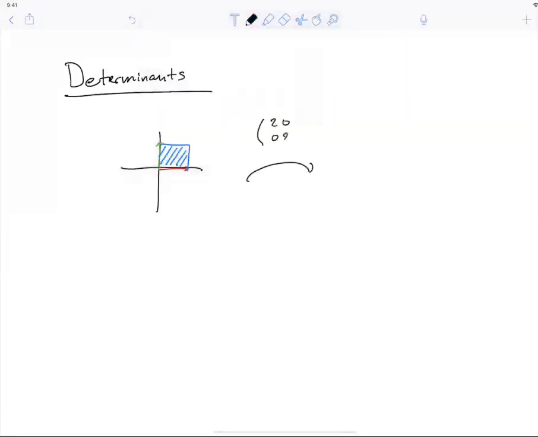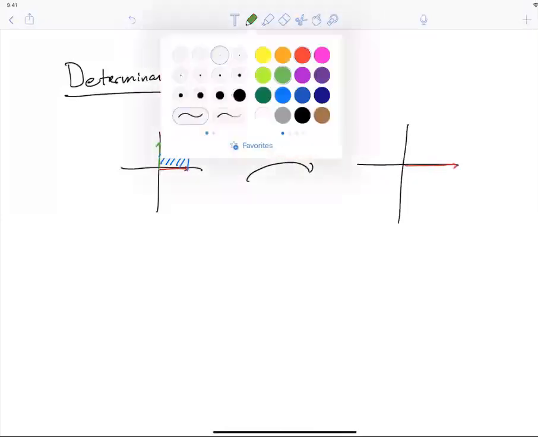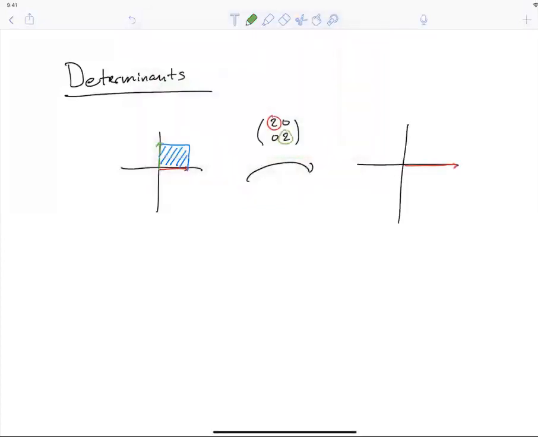So let's just use a nice simple example. In this case, this matrix is going to double both sides. It doubles the x coordinate, and it's also going to double the y coordinate. And so now the transformed unit box, which is going to be a parallelogram in general, but in this case, it happens to still be a box. We haven't sheared anything or rotated anything.